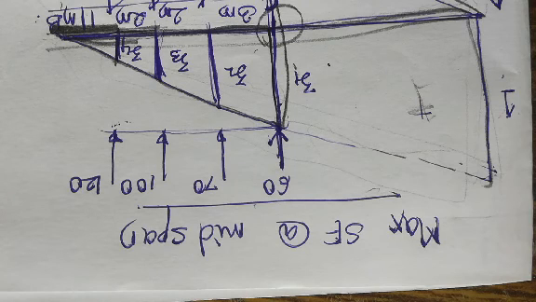If we are calculating positive, the influence line diagram for positive shear force has to be taken, that is RA, and if you are calculating for negative, the RB influence line diagram should be taken under consideration. These are the important points. Rest, these are mere steps.